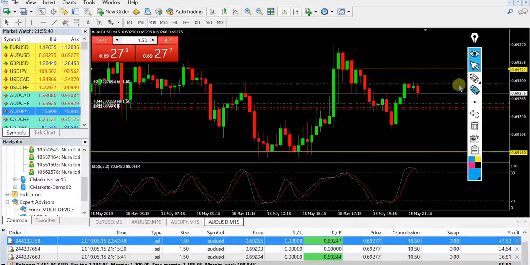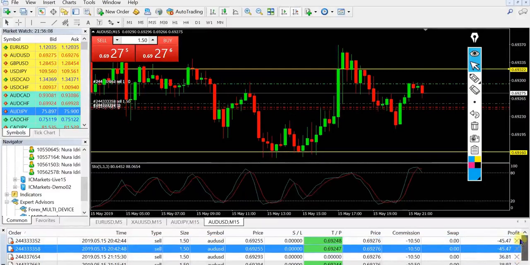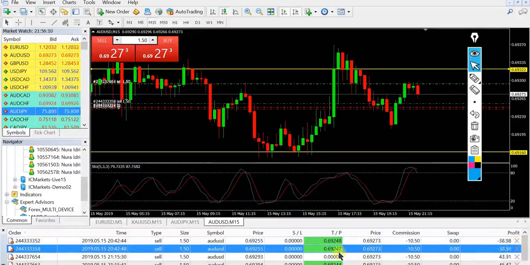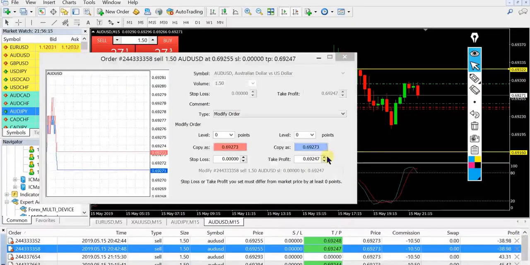The aim, gentlemen, is just to cancel this particular loss. Then later maybe you go out with a little gain. It's not bad. Okay, so let me just adjust all my take profit to 47.